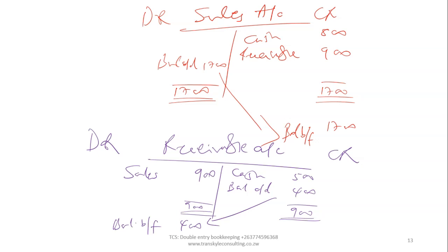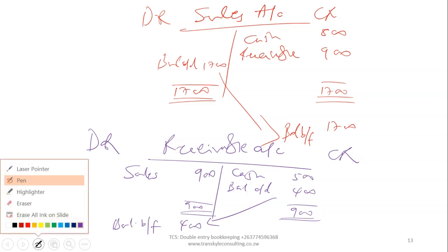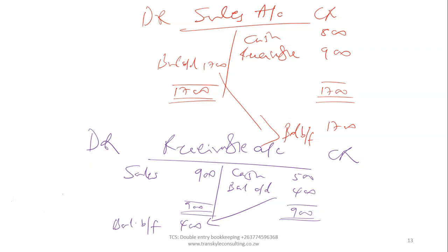We can also then consider the last account, which has not been talked about. The drawings account. Okay, I can just write it here, drawings, or withdrawals account. This is the debit, this is the credit side. Drawings are by default debits.